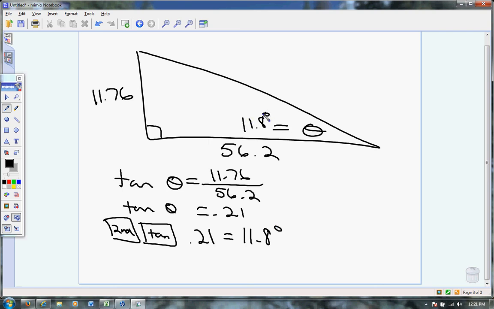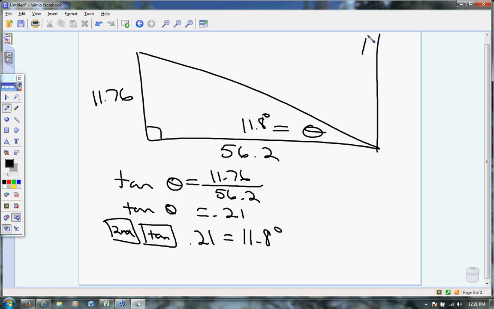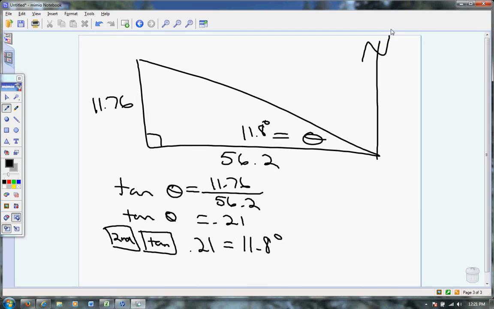I would have to subtract it from 90, because right here is north. So you do 90 minus 11.8, and the bearing is 78.2 degrees west of north. And we will stop there for today.